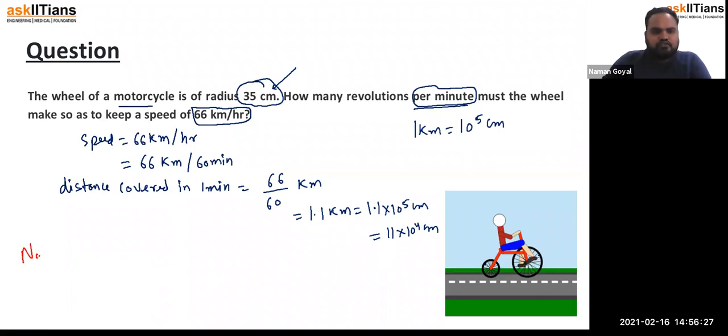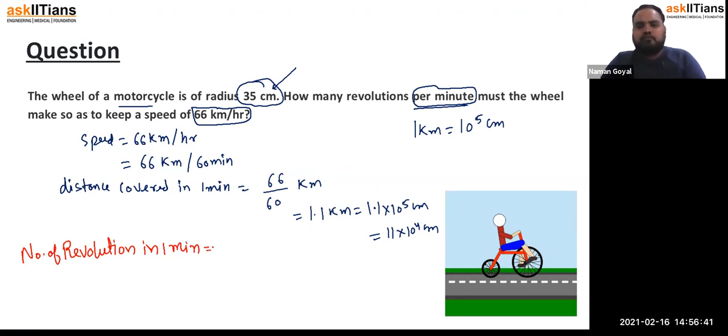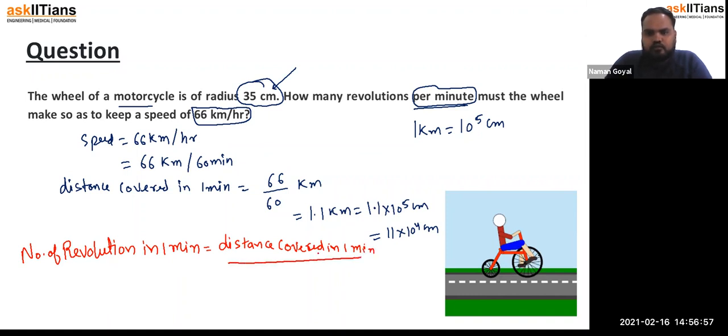So the number of revolutions in 1 minute is the distance covered in 1 minute upon the circumference of the wheel.